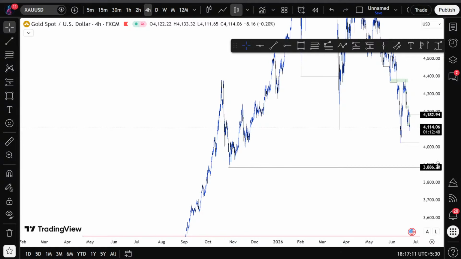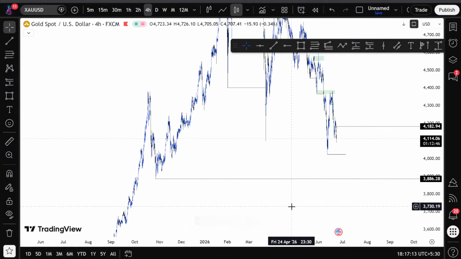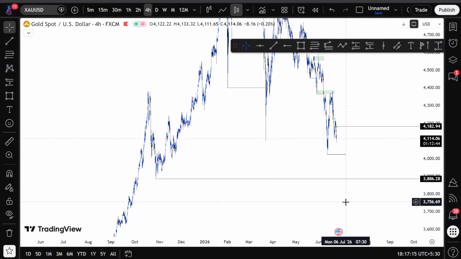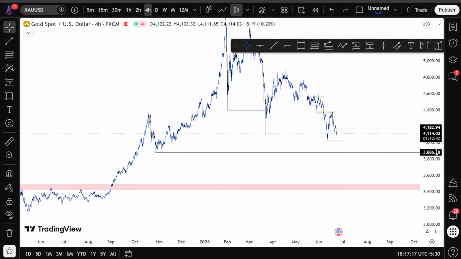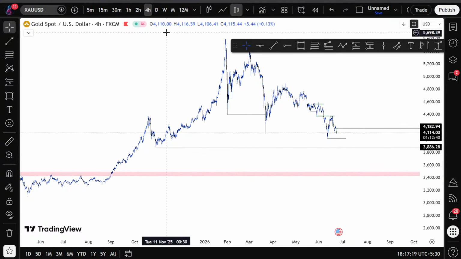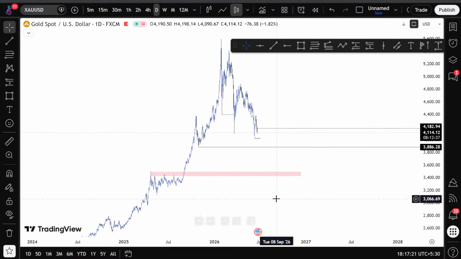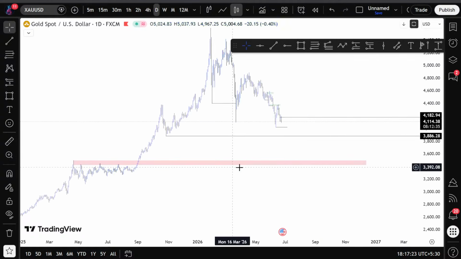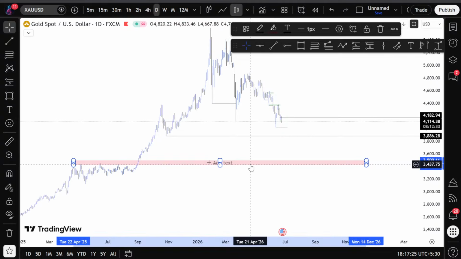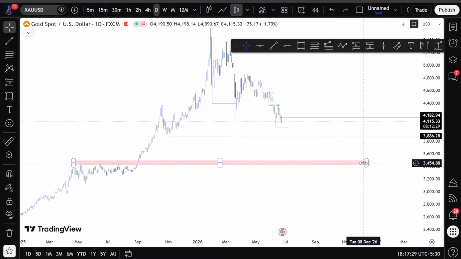If you get a sweep of the 3886, then you can buy. Or the main area near 35. Here you can buy, 3437 to 3424. Here you can buy.